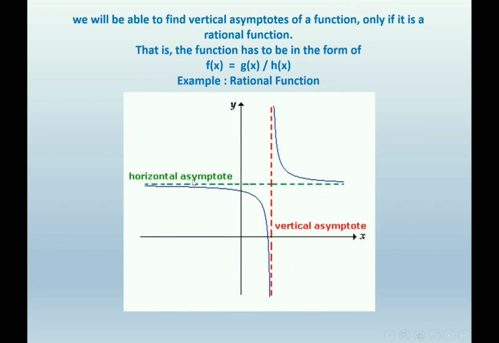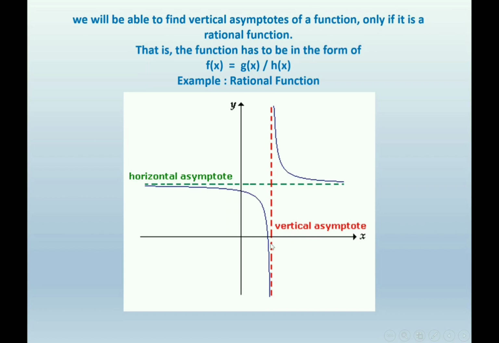Have a look. You can see that in rational functions, you will have a vertical asymptote and a horizontal asymptote, and the curve doesn't touch them. The horizontal asymptote is parallel to the x-axis, cutting the y-axis.